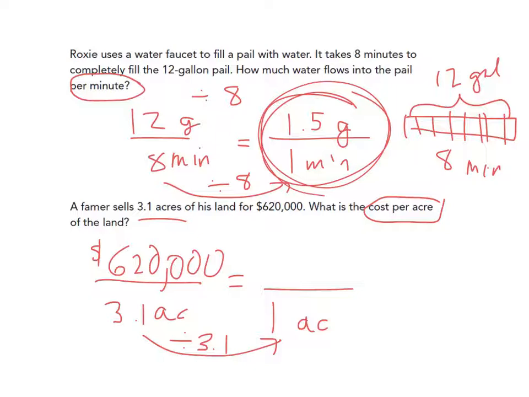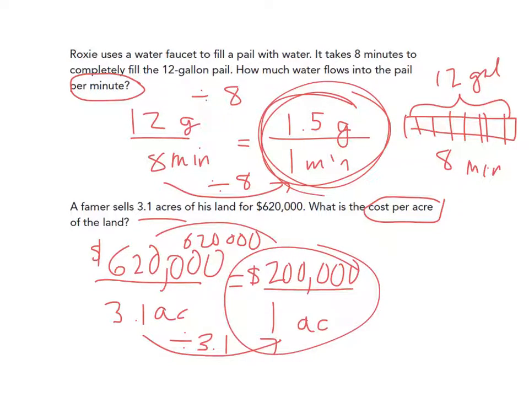And if I do the same to the top, if I take 620,000 and divide it by 3.1, it gives me $200,000 per single acre.